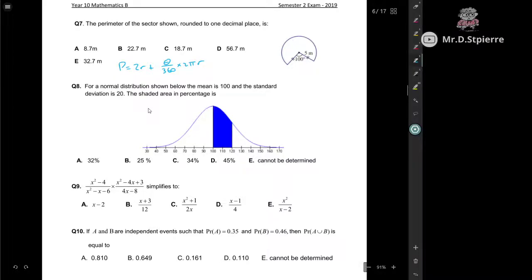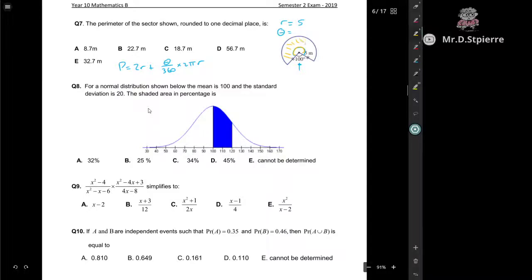Okay, so let's write down some numbers that we know, or our variables. Our radius is equal to 5, quite clearly. Theta, what is theta equal to? Theta, as defined for this formula, is the angle inside the sector. So even though we're told 100 here, that is not theta. We need the angle inside the shape.